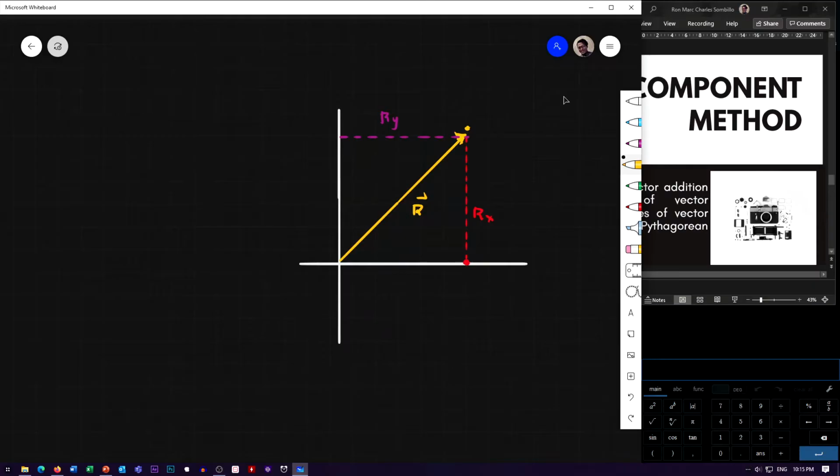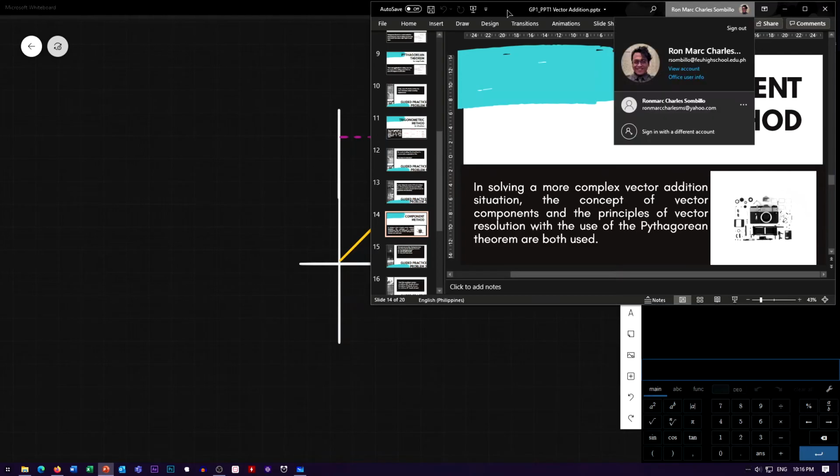So for this one, you have this value, let's say it's an x, then the value of this is, let's say, a y. So in physics, what we want when we're determining the components of a particular vector is to determine really the x and the y component of that particular line. Something like that.